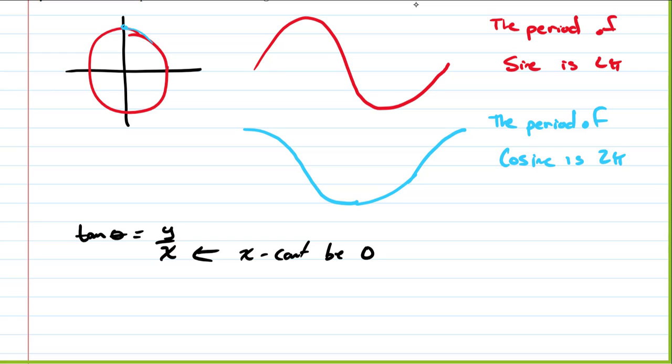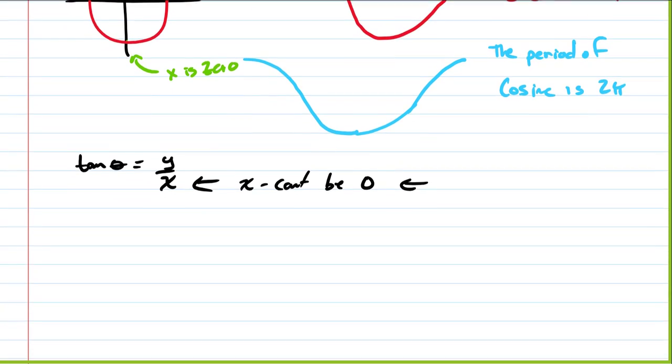So where does the cosine function equal 0? Well, the x coordinates are equal to 0 here and here. So it looks like its period would be from here to here, halfway around the circle. So its period, halfway around the circle, is going to be pi.